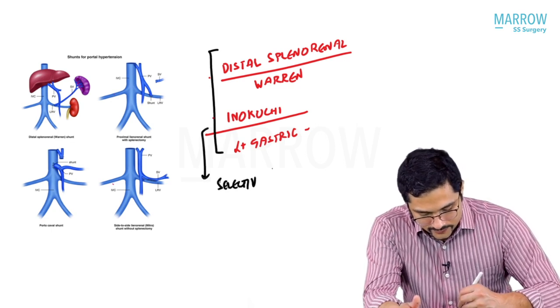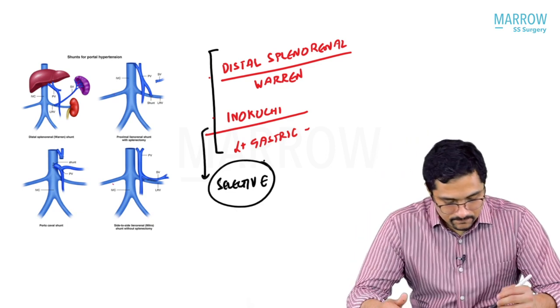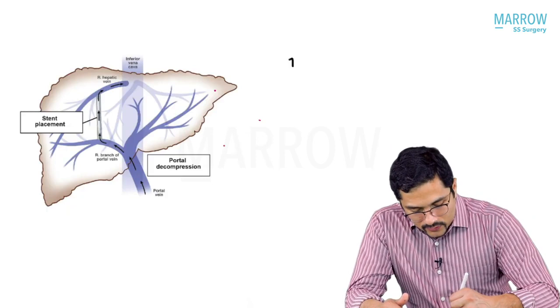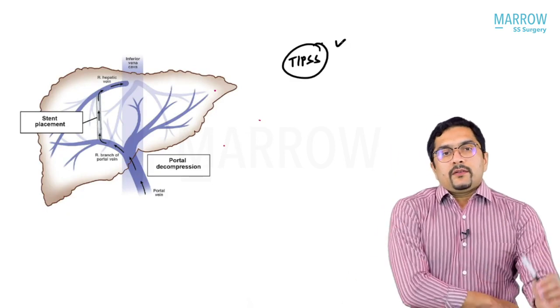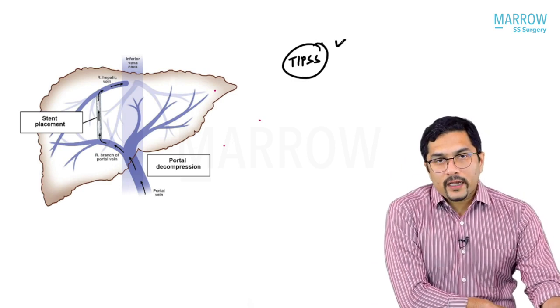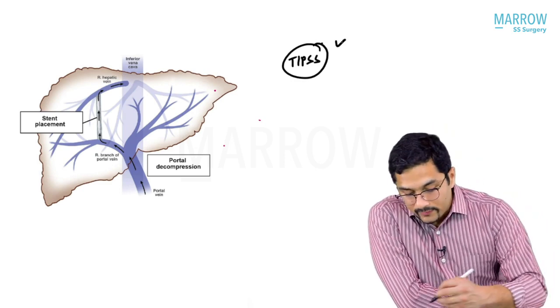These are also selective shunts, like the Sigma shunt. TIPS is also an example. TIPS is the transjugular intrahepatic portosystemic shunt. This is an example of a non-selective shunt.